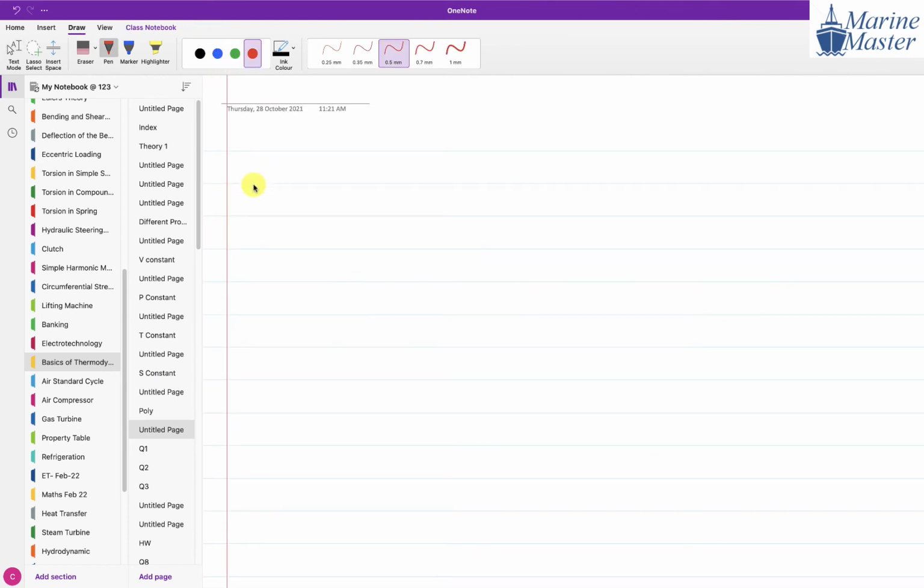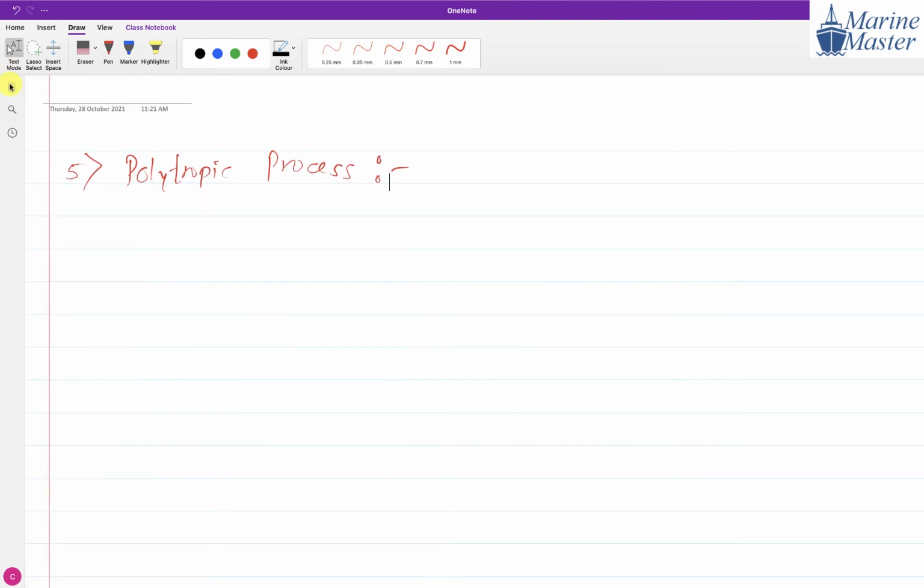Give the fifth heading: polytropic process. Here everything is general. If any process is not among the above four processes that we have studied earlier, then that process is a polytropic process.